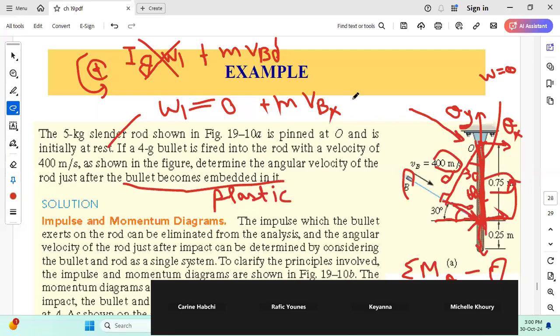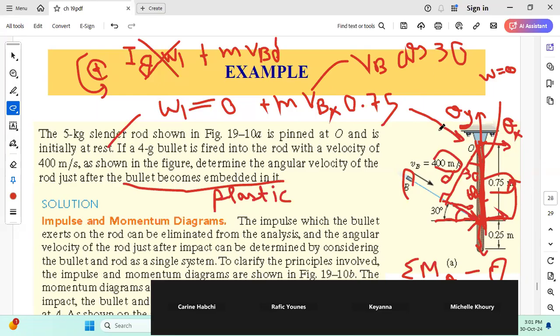And we get exactly the same result, because VBX is VB cosine 30 when you project VB on the horizontal line. So this is the initial angular momentum of the particle about O.